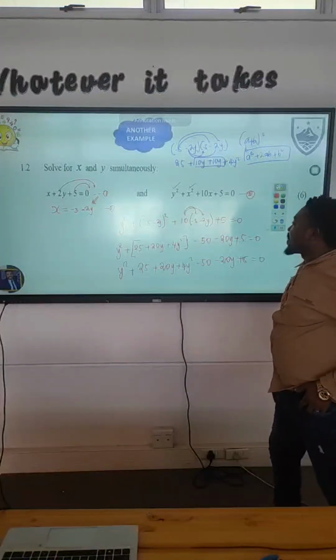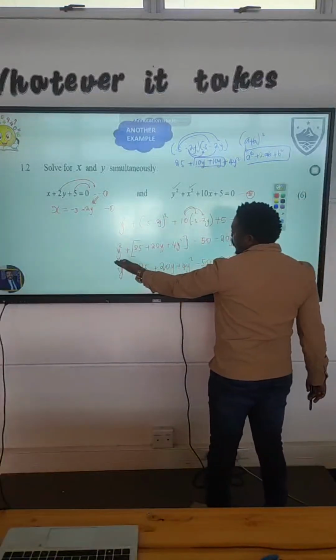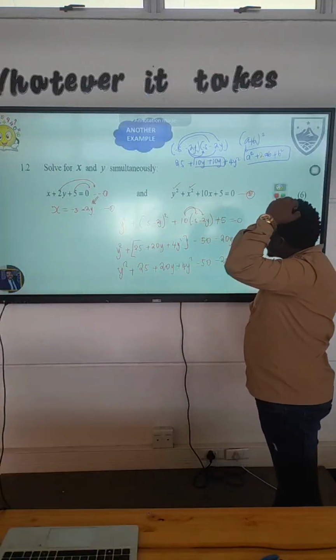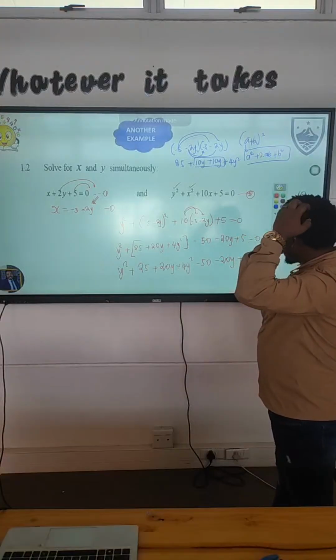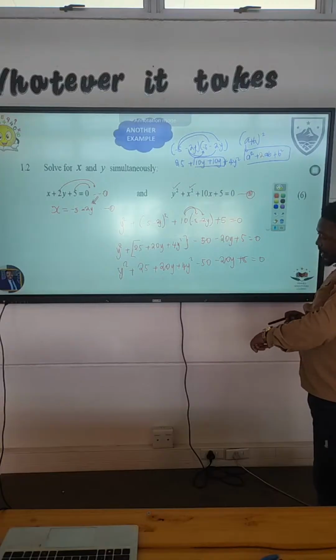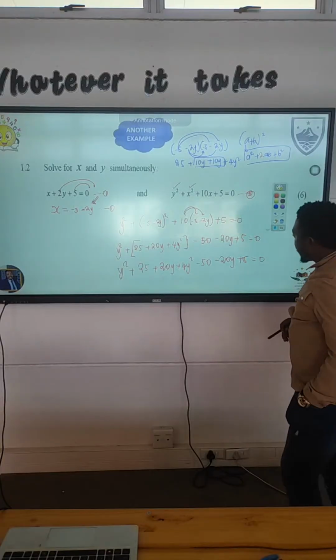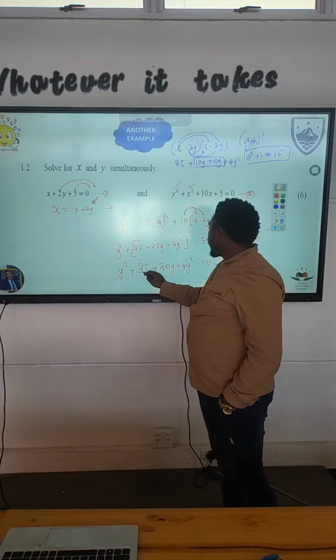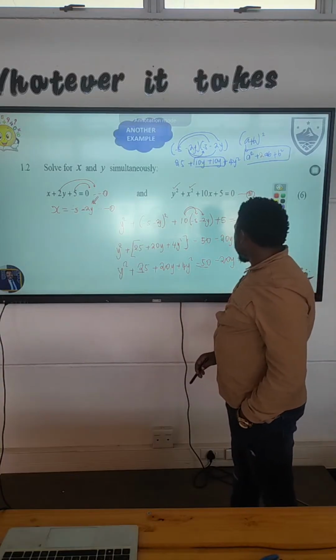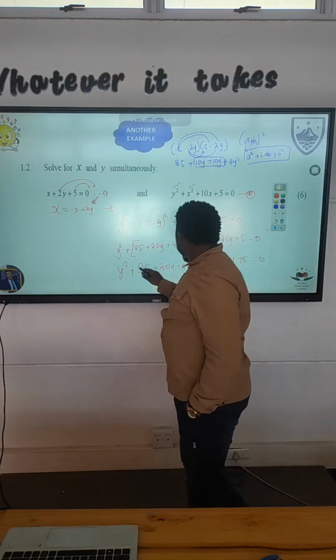I'm doing this because sometimes you find that there's a negative. When you remove this bracket, you need to multiply every term by that negative. So get used to when you're removing the bracket, you're going to have to do a lot of things in one line. So now let us collect the like terms. I have a 25 and I have a 50 and I have the 4y squared.